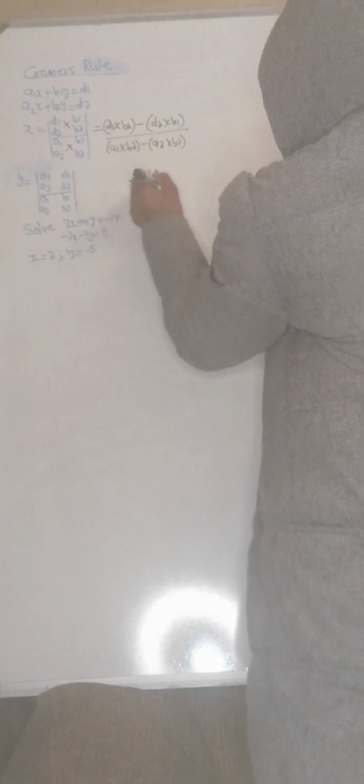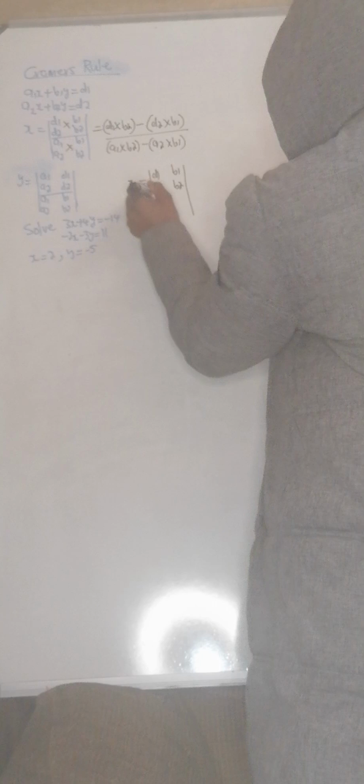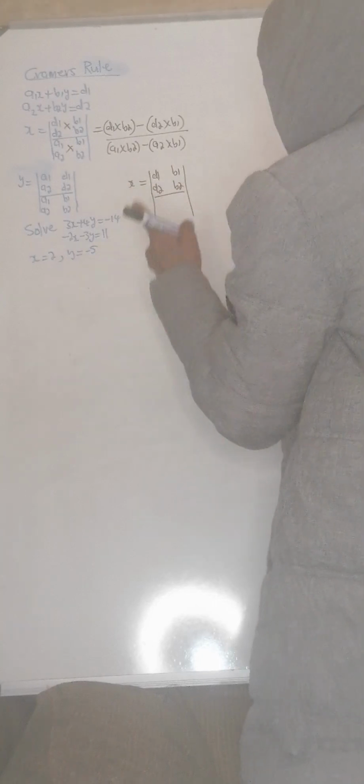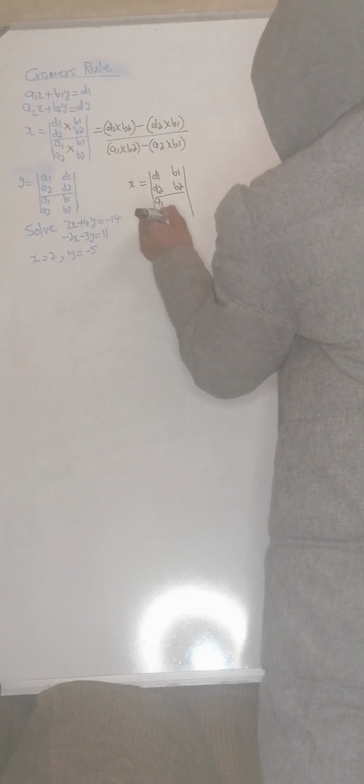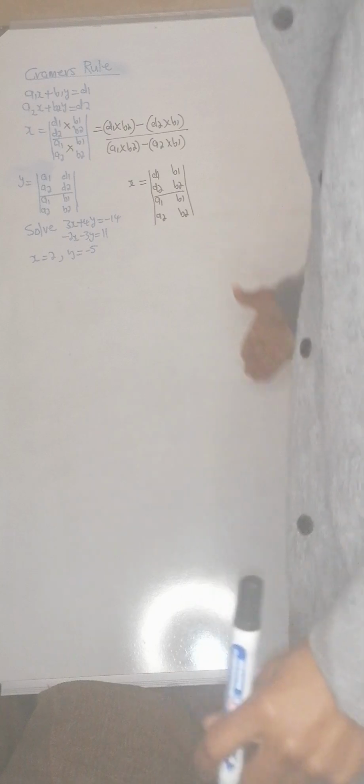Applying Cramer's rule to find x, we would say that x equals the determinant of d1 d2 b1 b2, and then we would take a1 a2 b1 b2. I want you to notice exactly what is happening here.